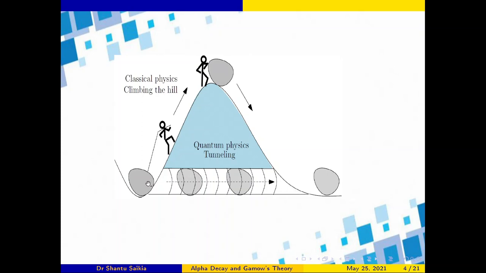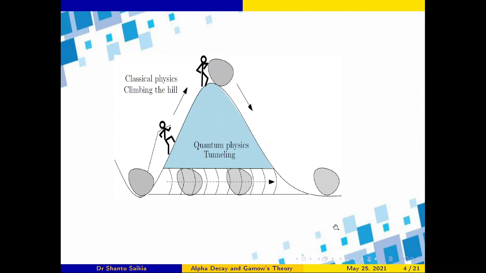Classically, the alpha particle should never be able to cross the surface barrier of the nucleus. However, experimentally it has been found that alpha particles do come out of the nucleus even if the experimentally measured energy possessed by the alpha particle is less than the barrier height. The only way we can explain this is using the quantum mechanical tunneling process.